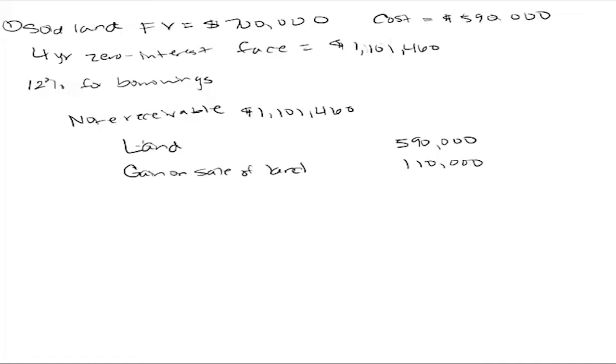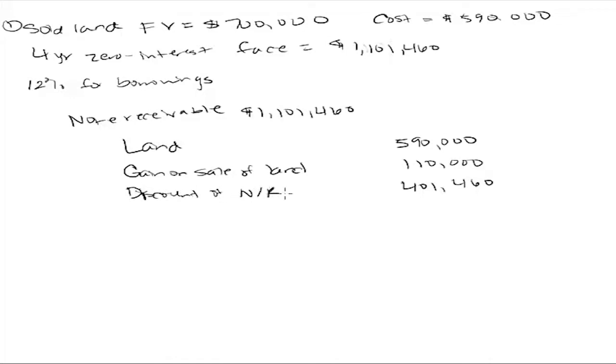So now all I need to deal with is, okay, what's left? So what are we talking about with the note receivable? If you add these two up, we haven't quite gotten to this one yet. In fact, we have a difference of $401,460. And this is going to represent the discount on the note.